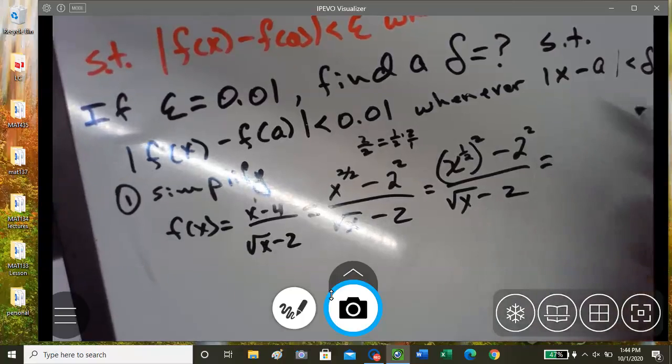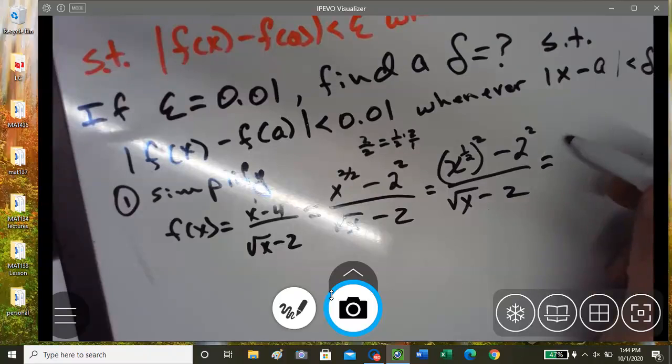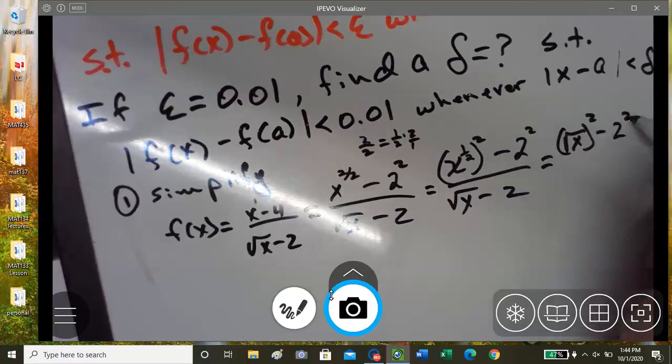Well, x to the 1/2 is the square root of x, squared. Now we don't want to simplify that. We want to leave it the way it is, minus 2 squared, over the square root of x minus 2.